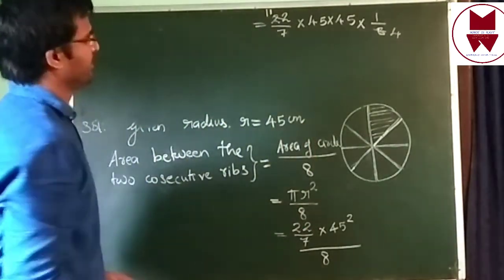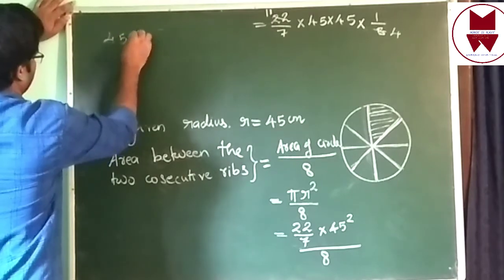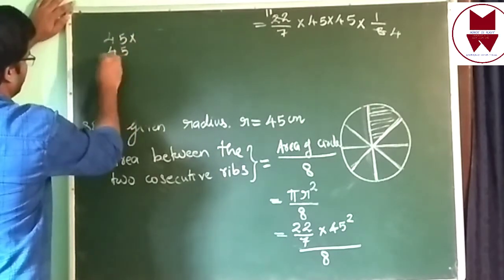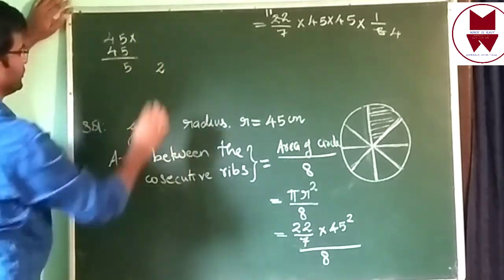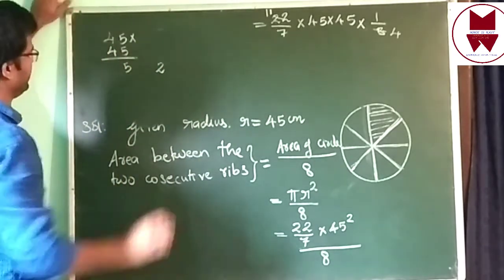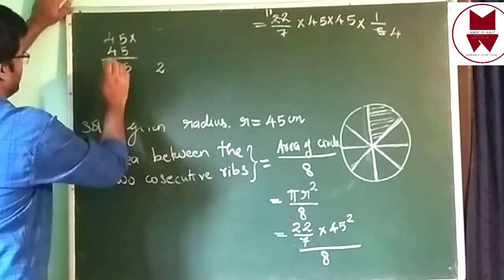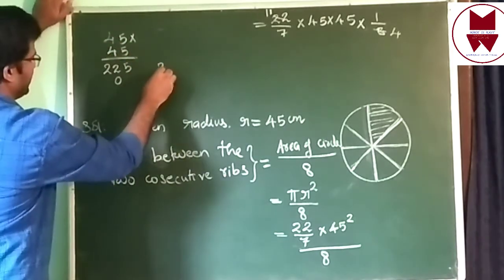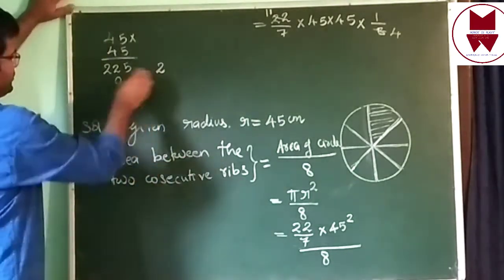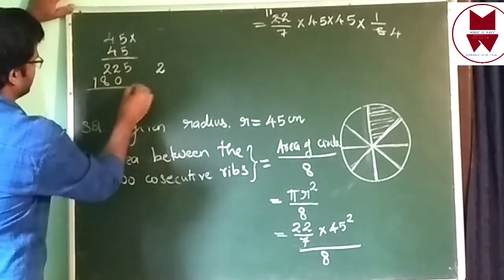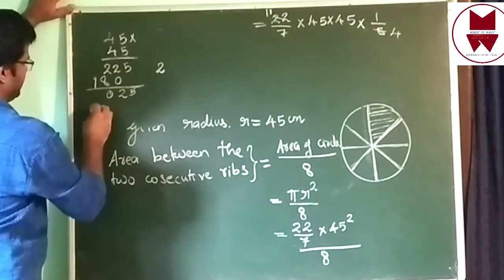Multiply 11 into 45 into 45. 45 into 45: 5 into 5, 25, remainder 2. Then 5 into 4, 20 plus 2, 22. Then 5 into 4, 20, again remainder 2. 4 into 4, 16 plus 2, 18.